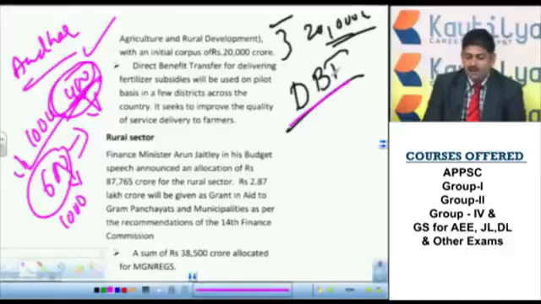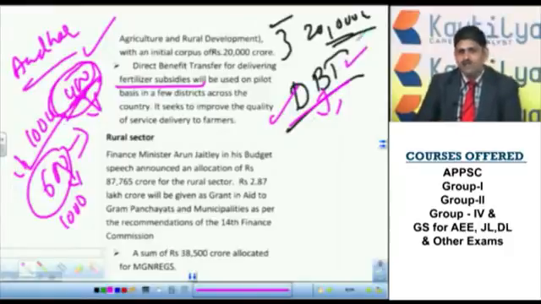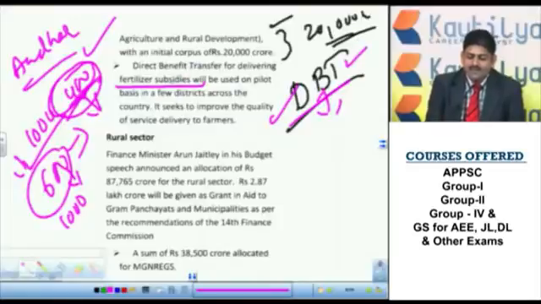Now this time the Government of India wants to deliver the fertilizer subsidies through this system. Already gas is linked with the DBT. This time they may ask you which of the following was brought under direct benefit transfer in the 2016-17 budget. Then you have to answer, delivering the fertilizer subsidies.